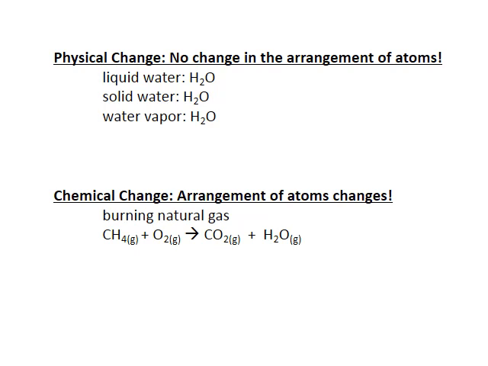Chemical change, on the other hand, is going to change the arrangement of the atoms. So if I burn natural gas, methane, then I start with the molecule methane that has a carbon atom bonded to four hydrogen atoms, and I react that with oxygen molecules that are in the air, and I'm going to change the arrangement of these atoms in the products.